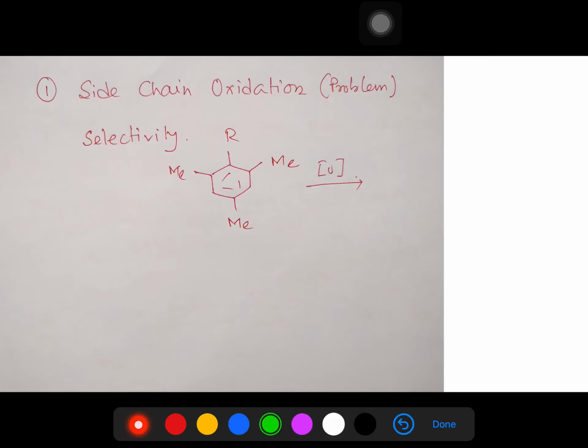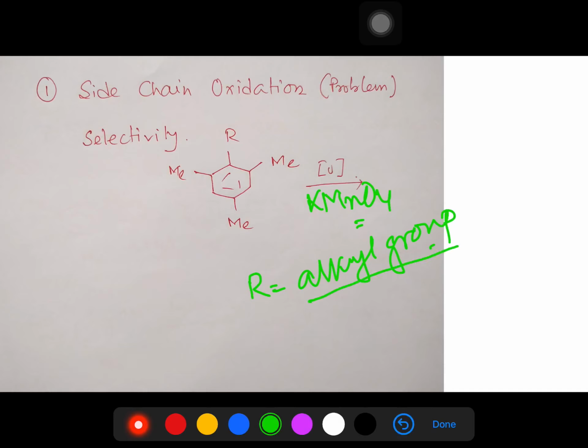What is the problem? Side chain oxidation of this: for example, you may consider that R is any alkyl group. You are oxidizing this using KMnO4 as an oxidant. We know it's a very strong oxidant. Now, how can I assure that only this alkyl group will be oxidized, only this, not this?